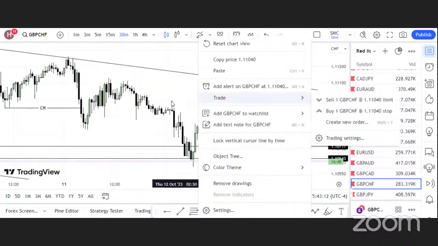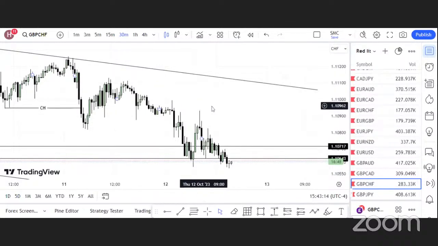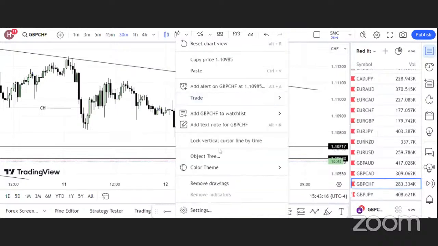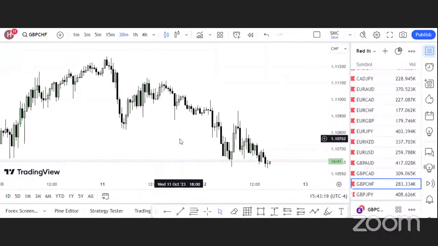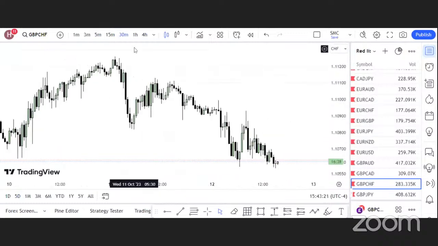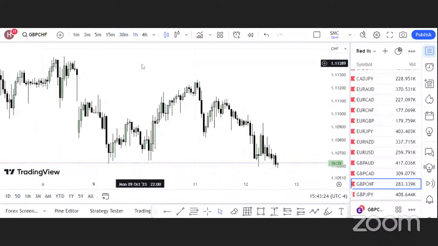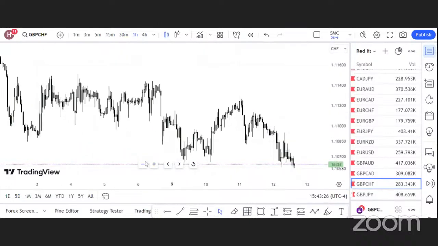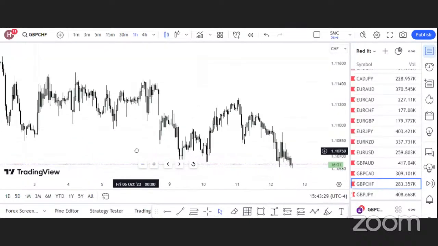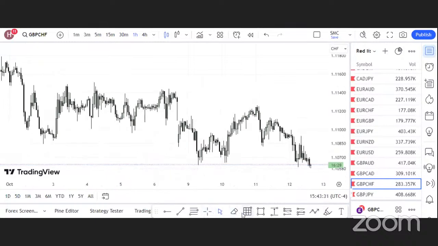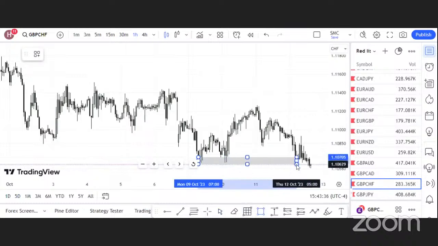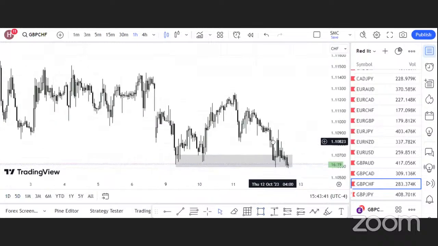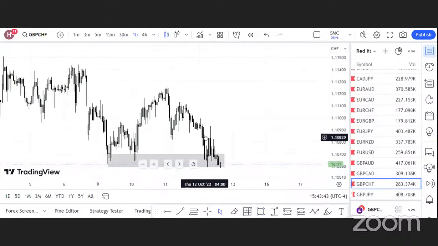So I've just been making analysis, and I haven't shown you guys how to actually enter a trade after making the analysis. So we have this support zone where the market has been trading for long.